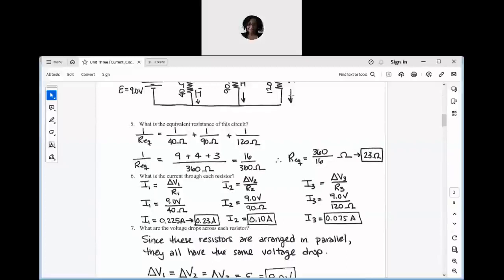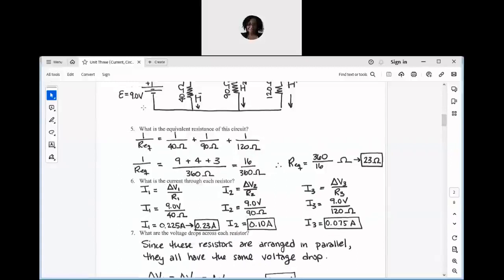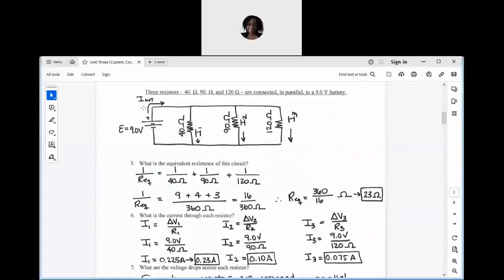So that battery current is the same as what I would get if I took Ohm's law and applied it to the entire loop. So if I have my 9 volt battery, this is indicated as an EMF. That is just a shorthand for saying that this is an ideal battery.